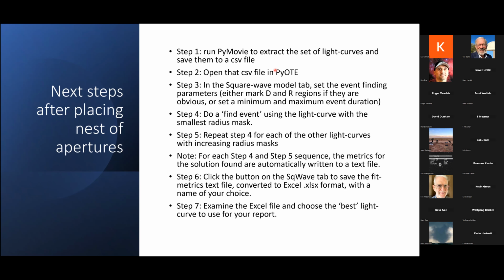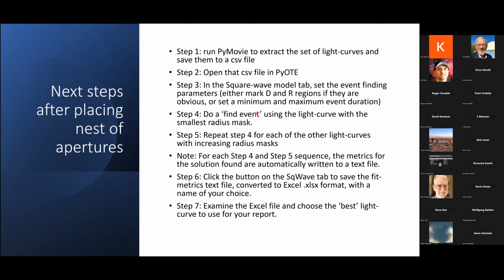You'll open that CSV file in PyOTE, and in the Square Wave Model tab, you'll set your event finding parameters. You can either mark the DNR regions if they're obvious, or what is more common is people will just set a minimum and maximum event duration in terms of readings.